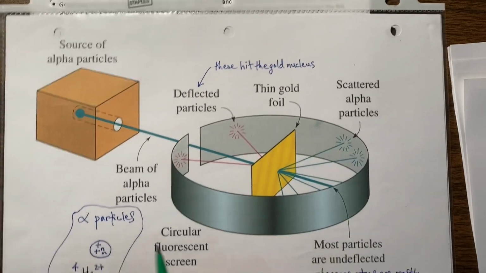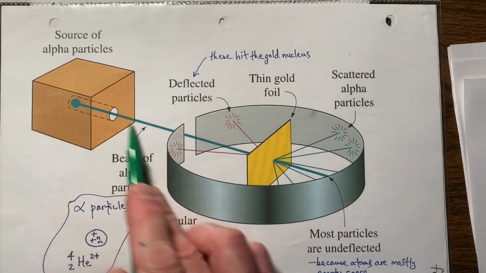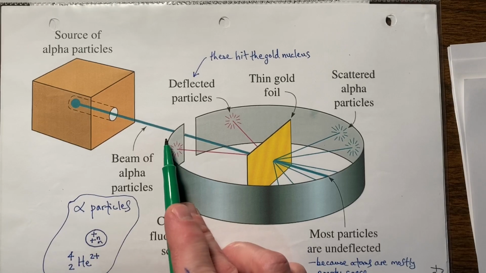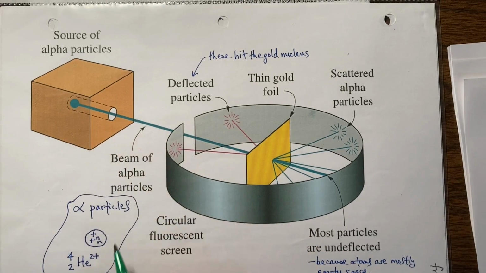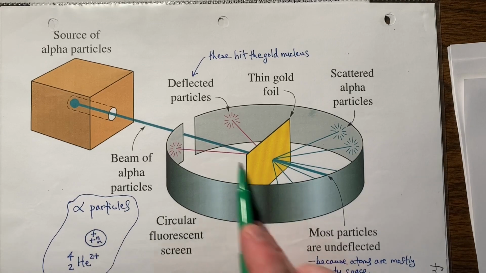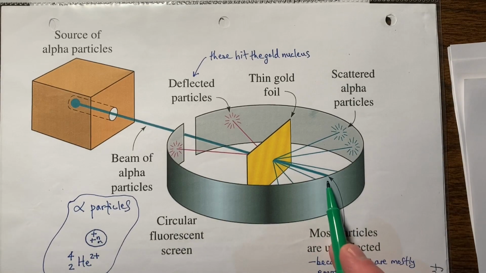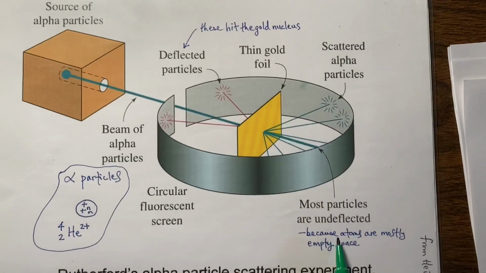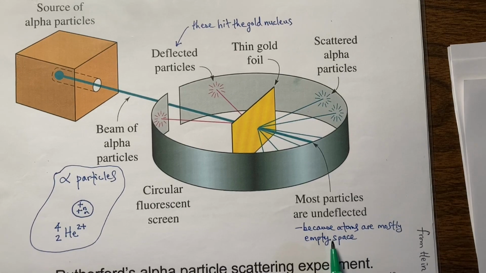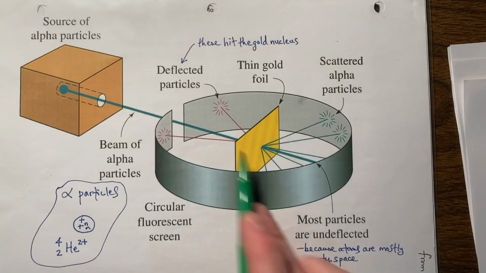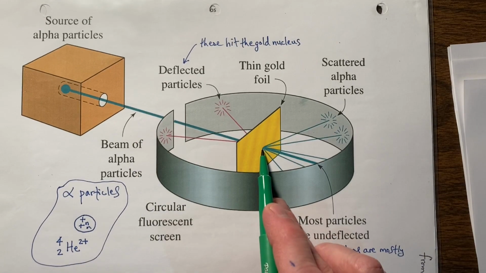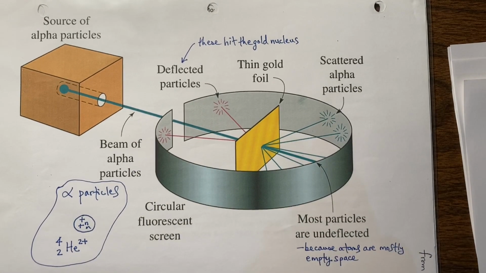So he knew again that these alpha particles coming out of the element radium were positively charged. Most of the particles pass right through the foil. Most are undeflected. He expected that, because atoms are mostly empty space. So the beam passes through the gold foil as if it doesn't really see the atoms.